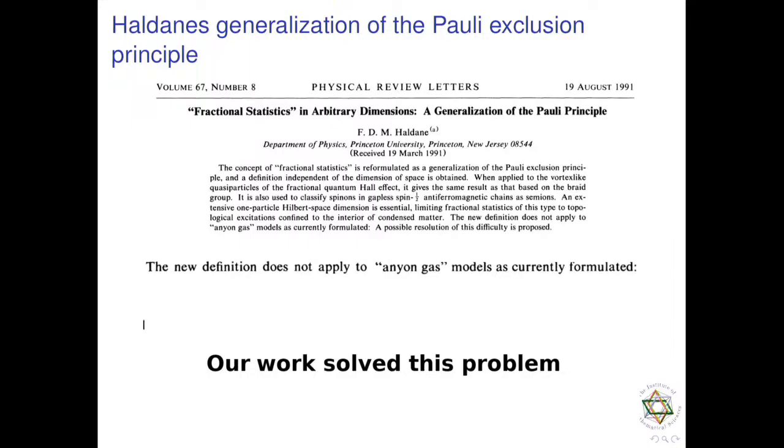However, like he said, this new definition does not apply to anyon gas. And Murthy and I solved this problem. It's one work that I'm quite proud of, so that's in big boldface font over here.